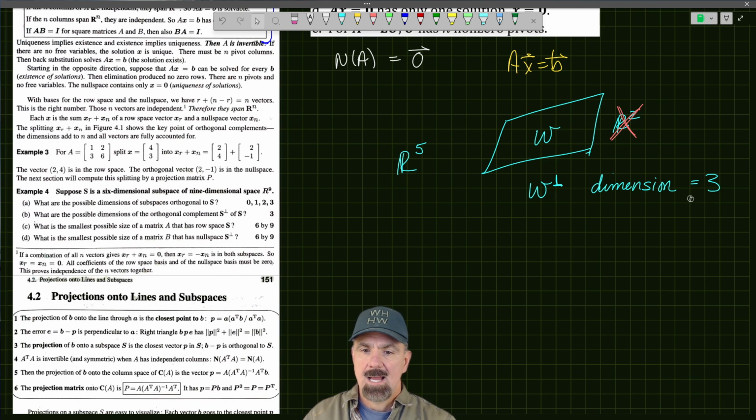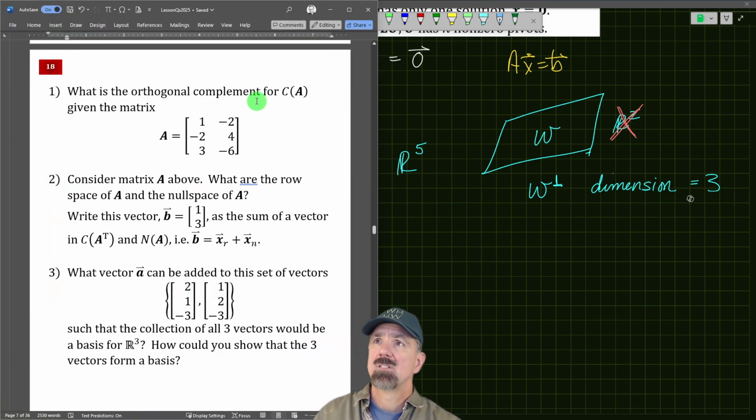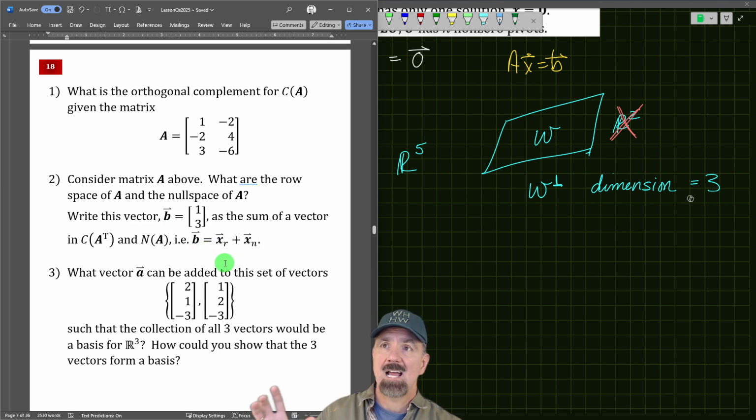All right, let's take a look at the problems that we have for today. These are the participation questions having to do with orthogonal complements. I'm using his notation here, where the B vector, in this case, I'm talking about B vectors instead of solutions, has some component that is in the row space and some component that's in the null space.